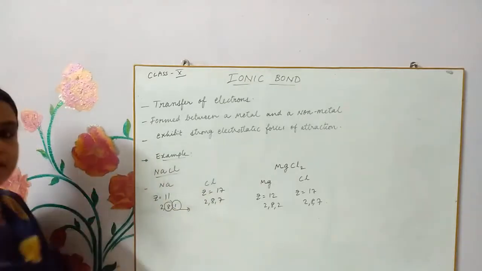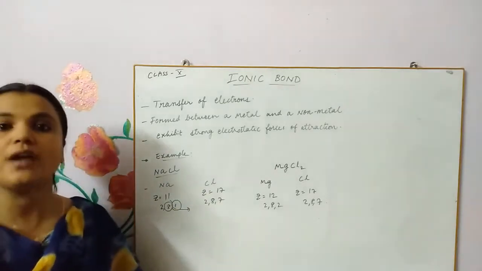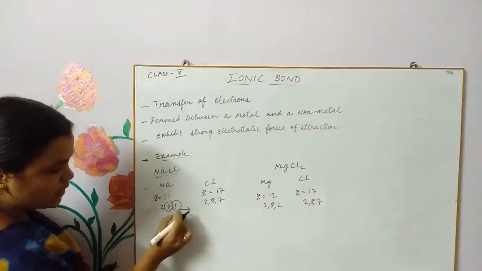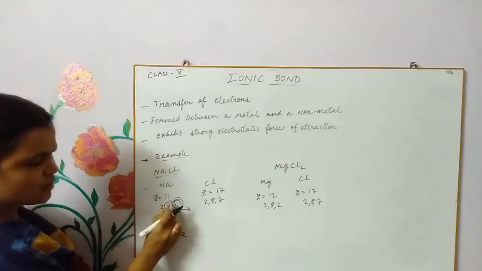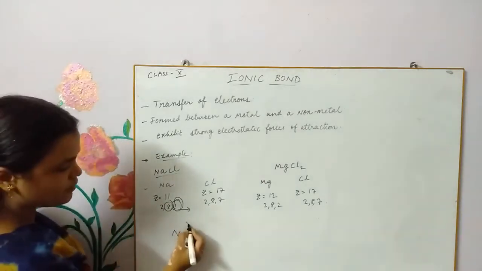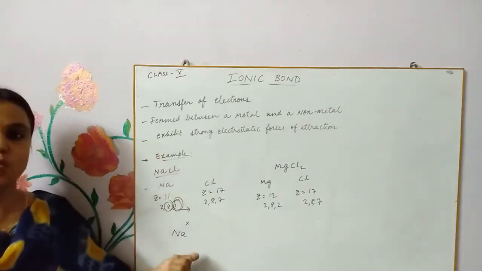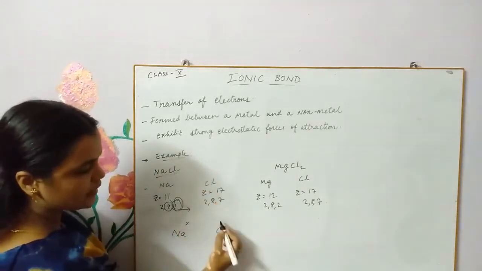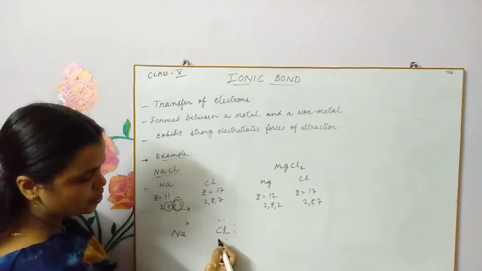Let us see the electronic dot representation of atoms now. Sodium, how many electrons are present in the outermost shell? It is 1. So I will be keeping just 1 over here. Now chlorine, it has got 7 electrons, depicted as electron dot configuration.